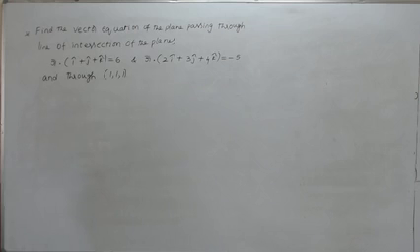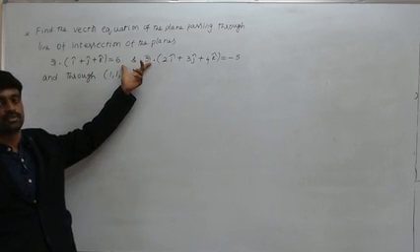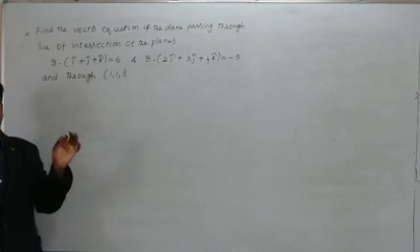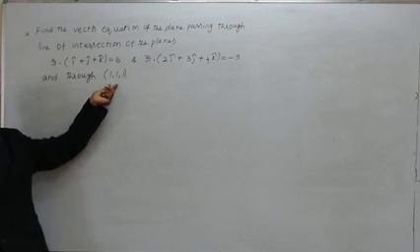Planes passing through the line of intersection of these two planes will be infinitely many. Among those, we have to find the particular plane which is passing through this given point.